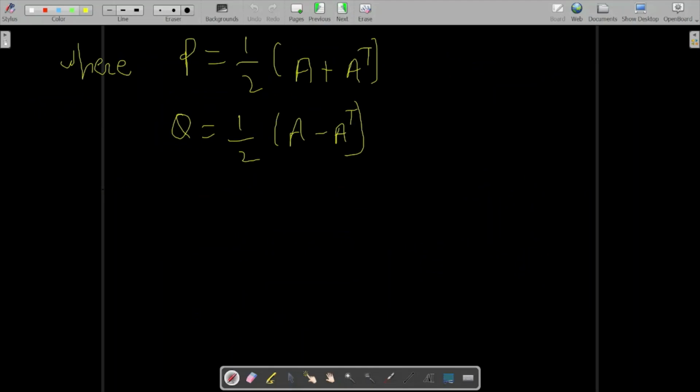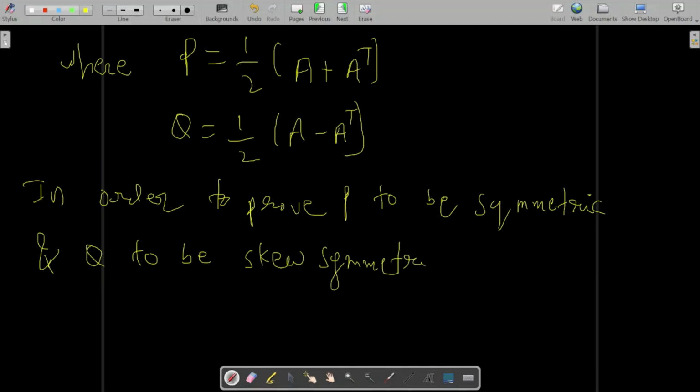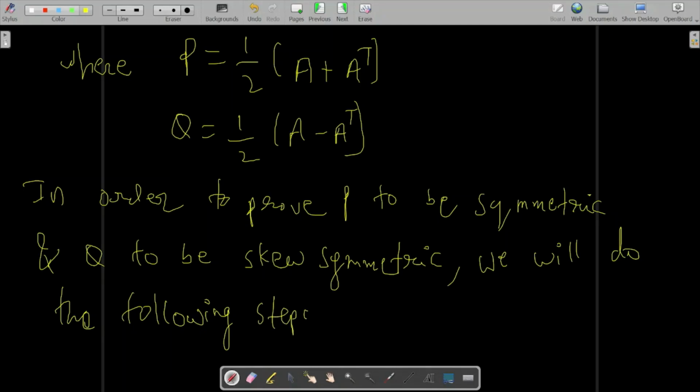In order to prove P to be symmetric and Q to be skew symmetric, we will apply the definitions. For a symmetric matrix, we find the transpose.